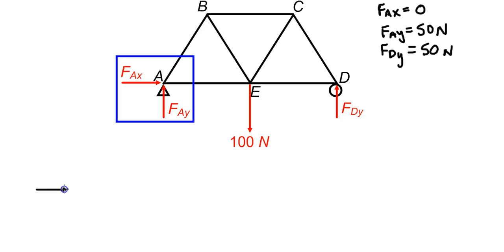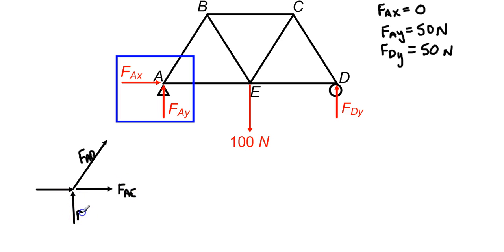Alright, so we've got FAX, FAY, we've got AB, and we've got AE. So let's go ahead and label all of those. So this is the force of AB. This is the force of AE.